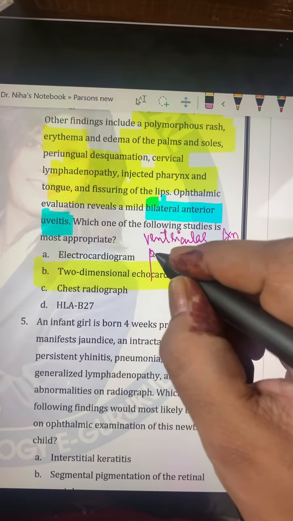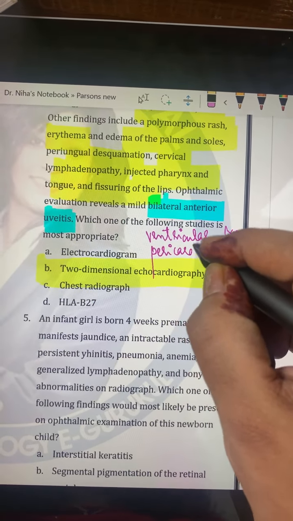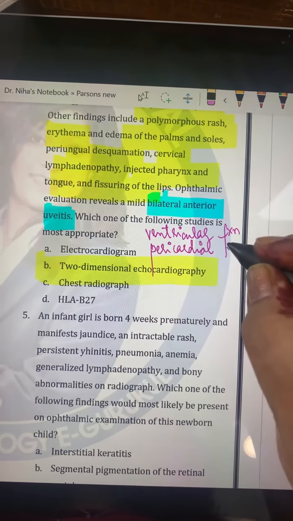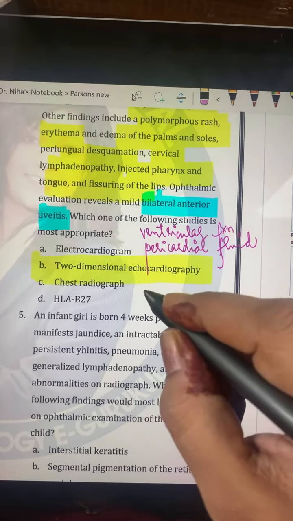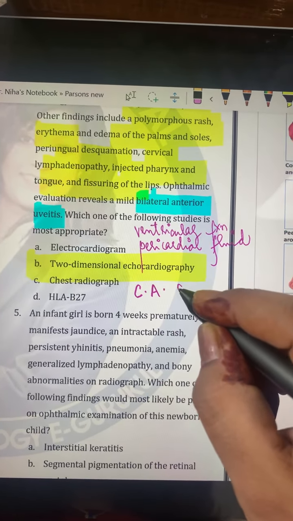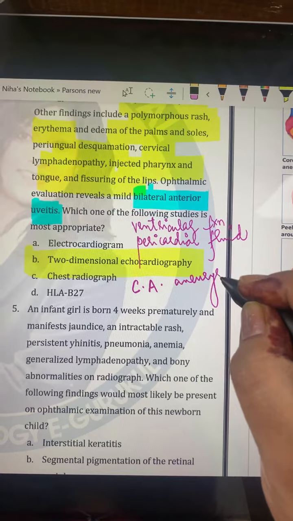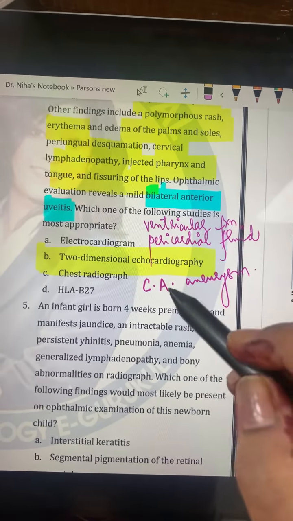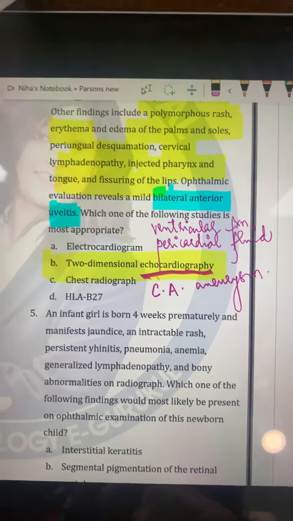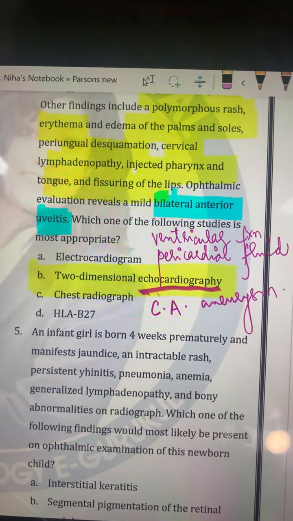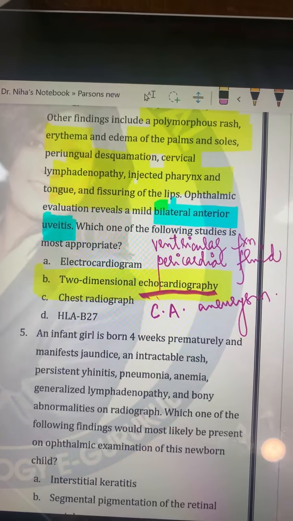Then if there is any pericardial fluid, you can find that out. And obviously if there is any coronary artery aneurysm. All these three things you can find out with the help of echocardiography. And that is the reason the answer to this question is two-dimensional echocardiography.